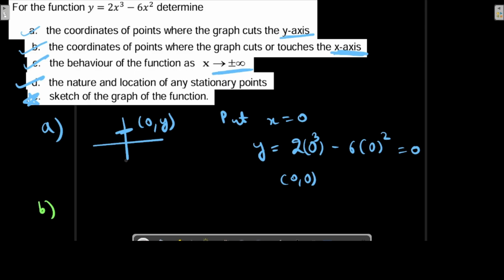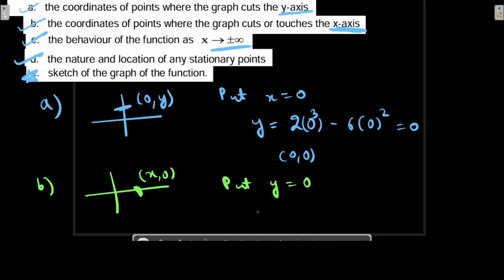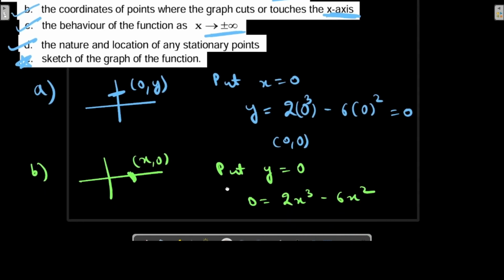Next is B. The coordinates of the point where it touches the x-axis. So when it crosses your x-axis, the coordinate will be x comma 0. So put y is equal to 0. So what does it give you? 0 is equal to 2x cubed minus 6x square.